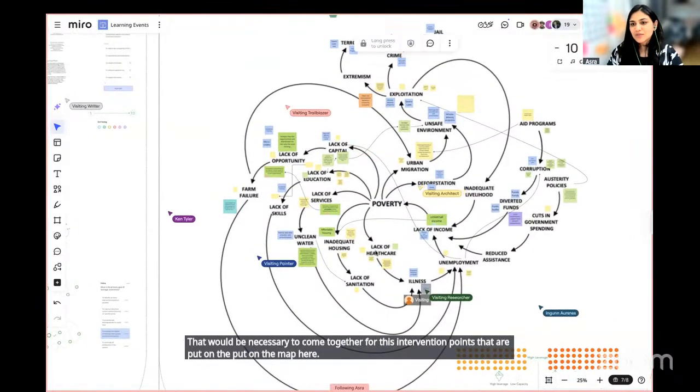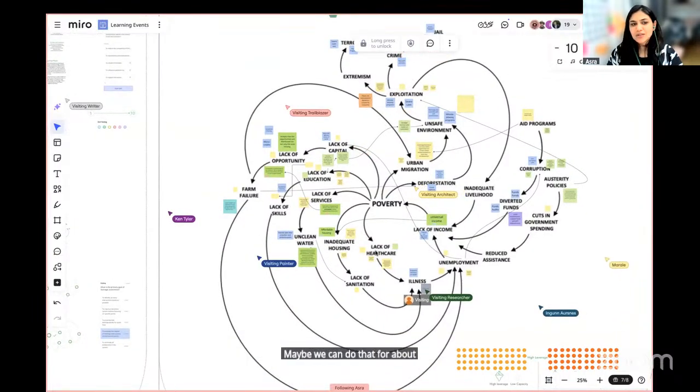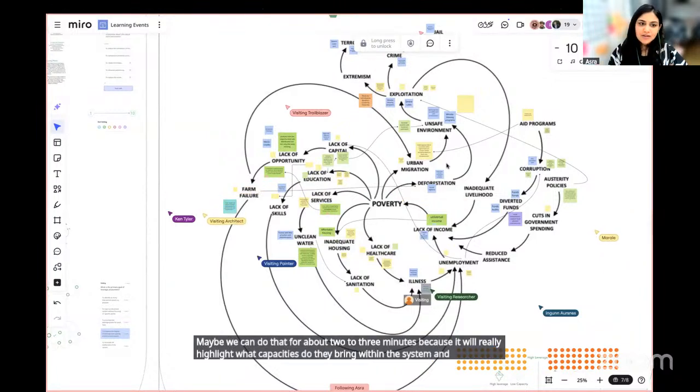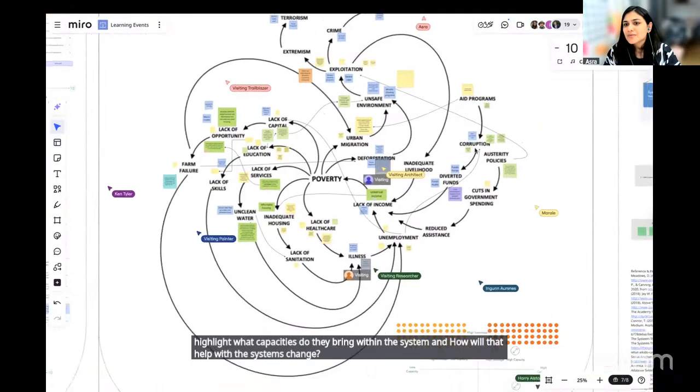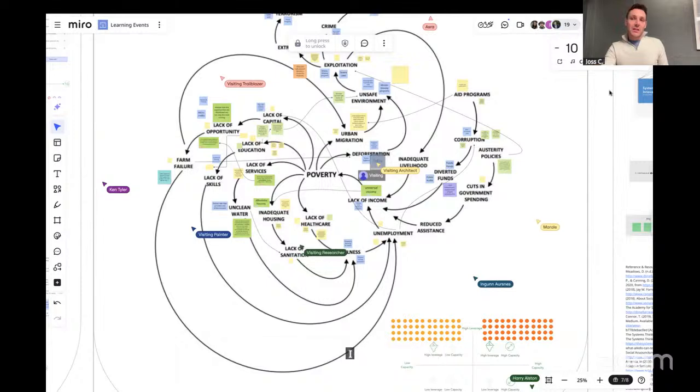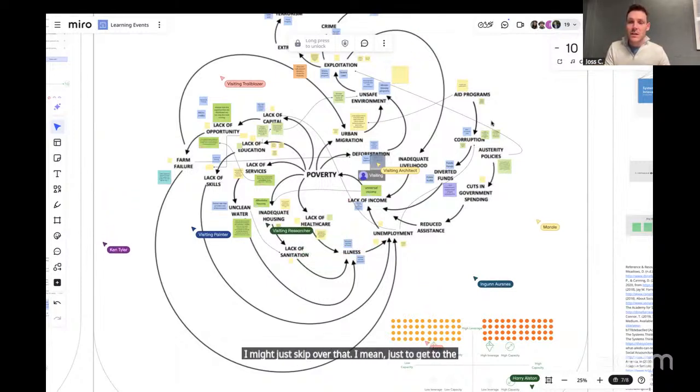Maybe we can do that for about 2 to 3 minutes because it will really highlight what capacities they bring within the system and how that will help with the system's change. Would you like to add something, Joss? I might just skip over that, Asha. I mean, we just get to the last part because I don't think we really have time, do we?